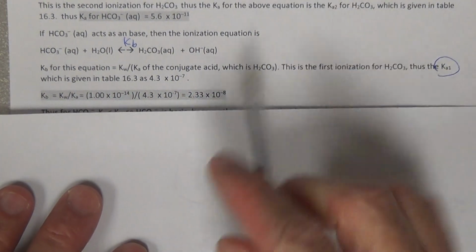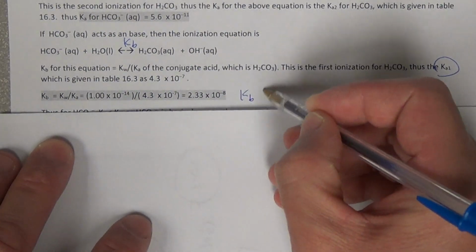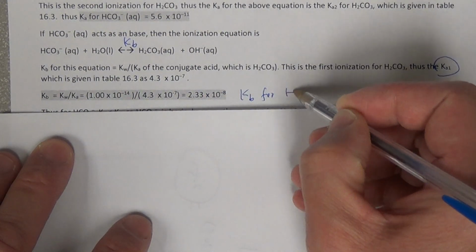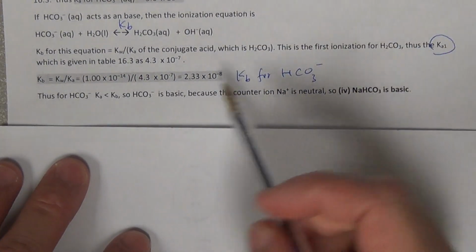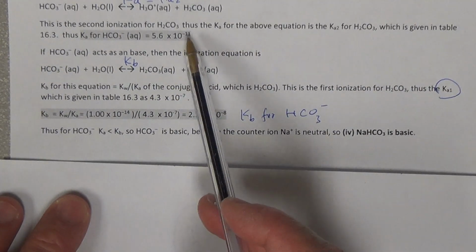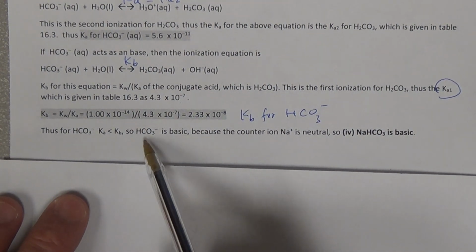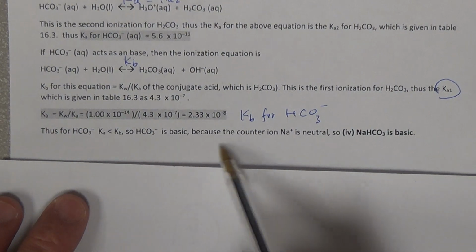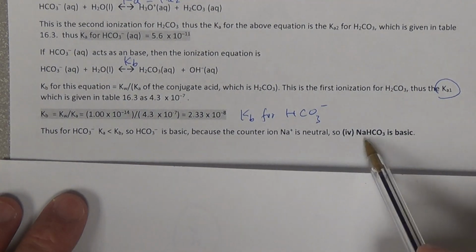So Kw divided by Ka1 becomes this. This will be the Kb for HCO3-, and then compare with our Ka, which is 10 to the -11, Kb is 10 to the -8, so Ka is smaller than Kb for this bicarbonate. So this bicarbonate is basic.